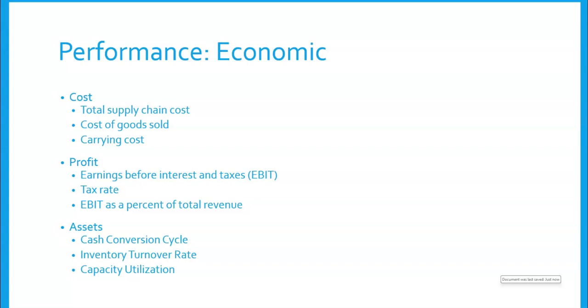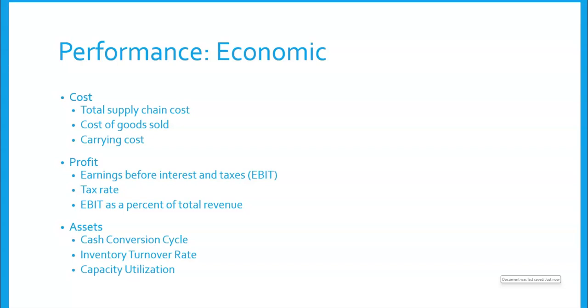This is a measure of what is left after cost of goods sold and all of our operating expenses. And then EBIT as a percent of total revenue, which measures how much of our total revenue goes to pay costs and how much do we have left over.